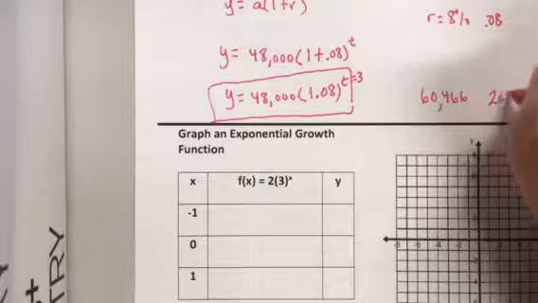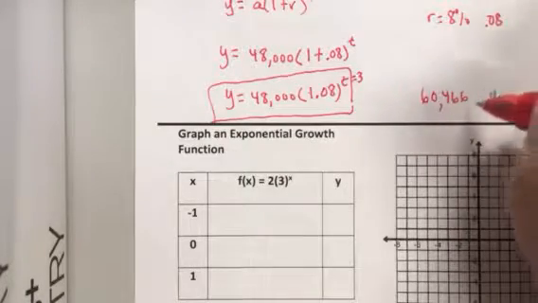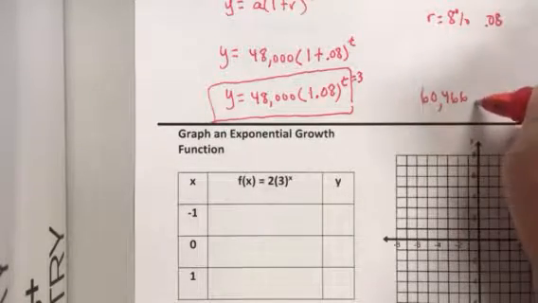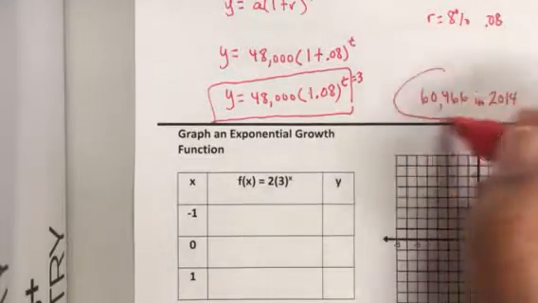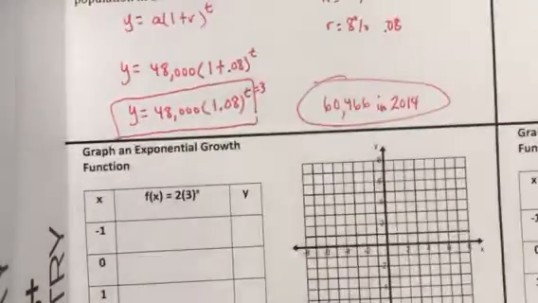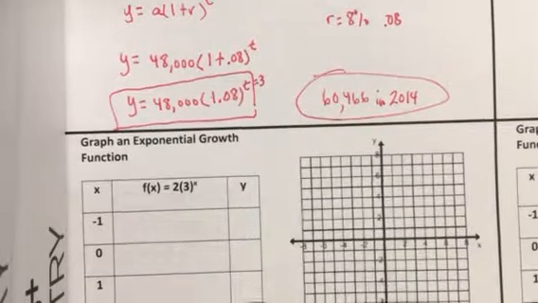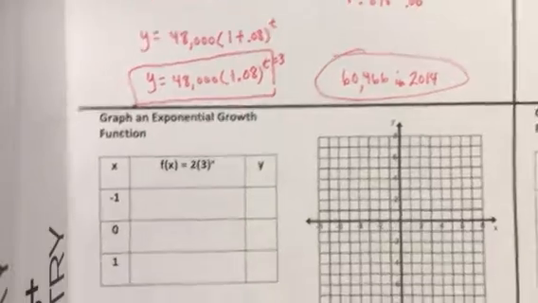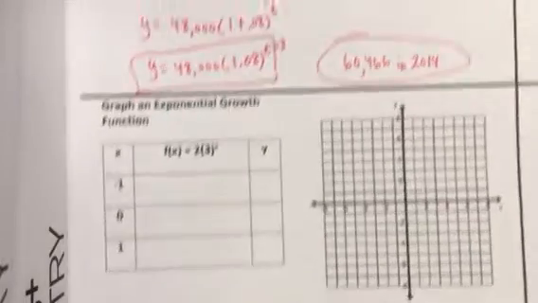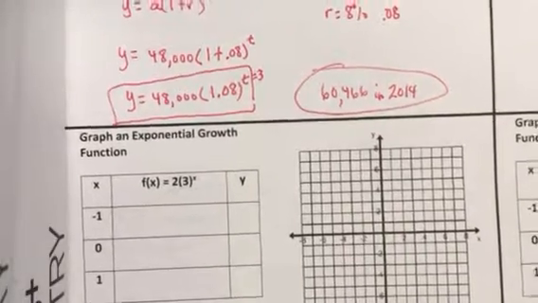This would be in 2014, that's the population. So in 2014, you had a population of 60,466. Okay, let's take a look at the next one. Let me give you a few seconds to copy that down.